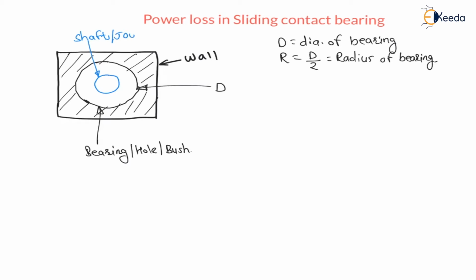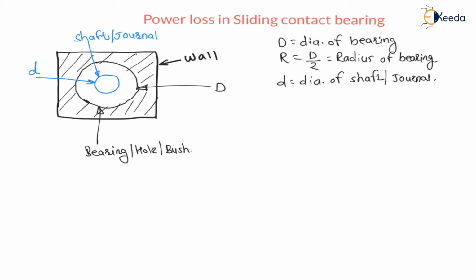Let us say it has diameter small d. Therefore small d is the diameter of the shaft, or journal also. Journal is the portion of the shaft inside the bearing.